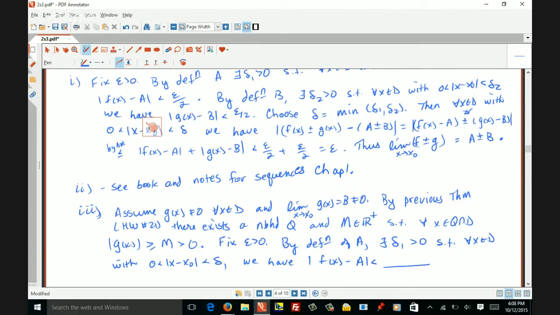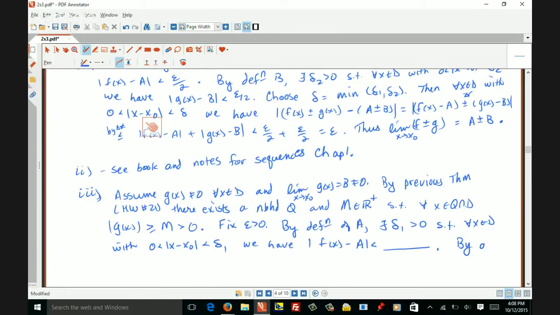We'll figure out what that something is. It's going to be a function of epsilon, but I don't know exactly what it's going to be yet. It's going to be epsilon over 2 times something. It's going to have some constant in there.